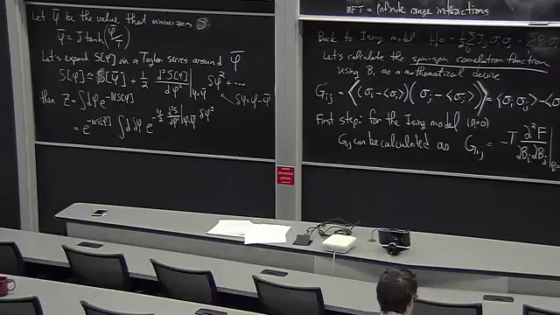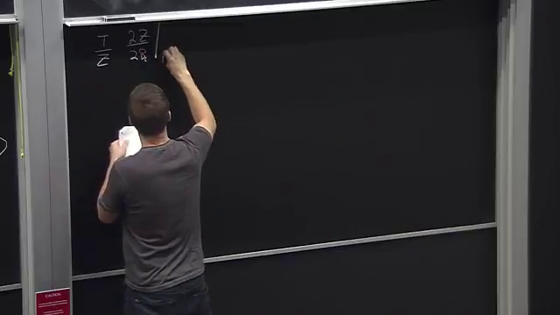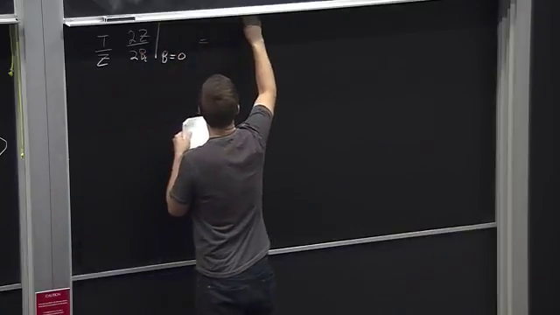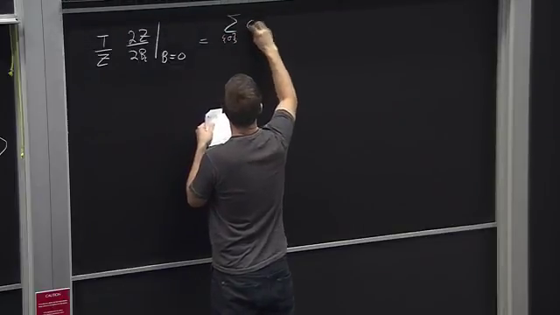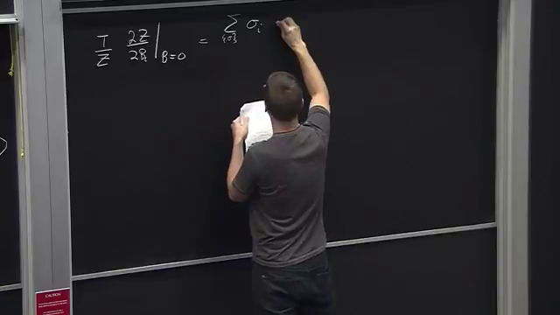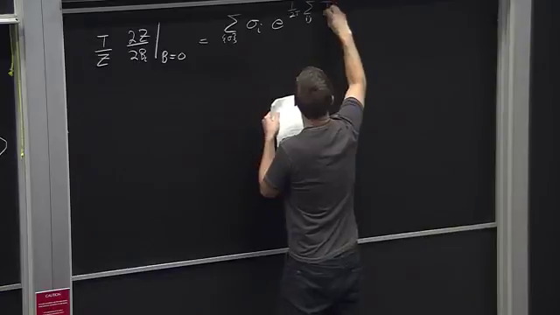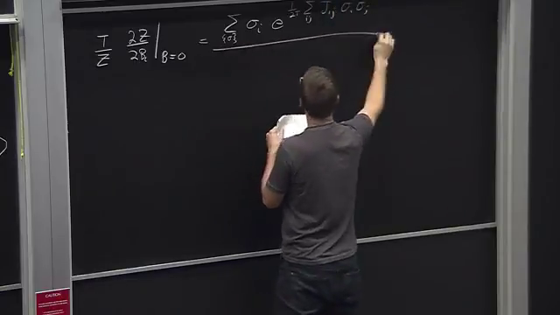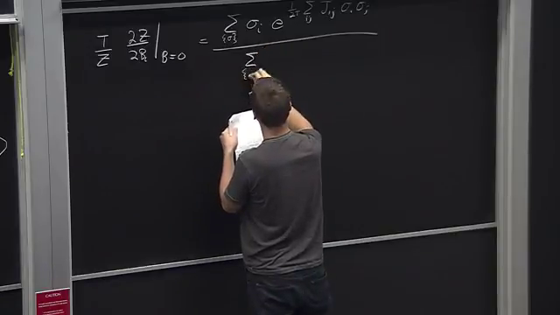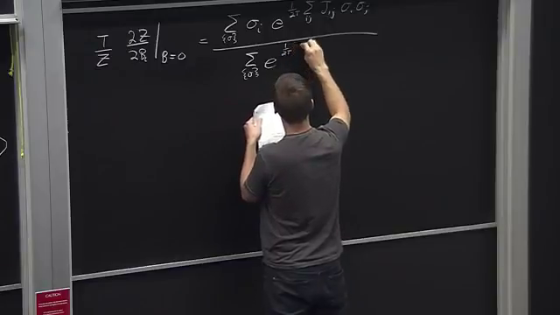Okay, so therefore, properly normalized, that's sigma I. This is just the definition of Z, basically.